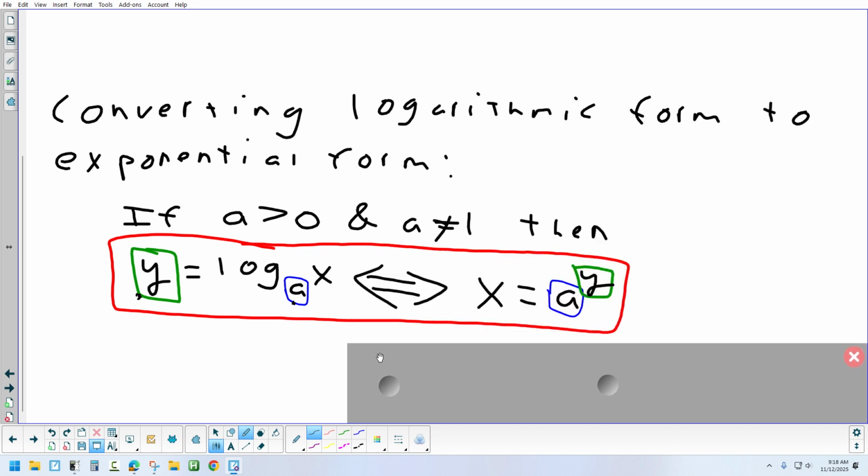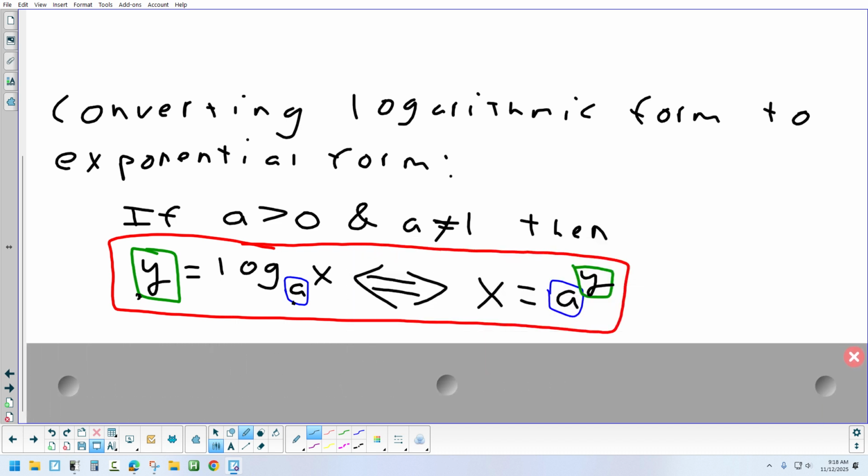And when we rewrite it in exponential form, if you can remember those three things, it'll pretty much tell you where everything goes. A was the base. So when we rewrite it without the word log, A becomes the base. Logarithm always equals the exponent. Y is an exponent. So when we rewrite it, Y is the exponent on the base. And X was the argument.